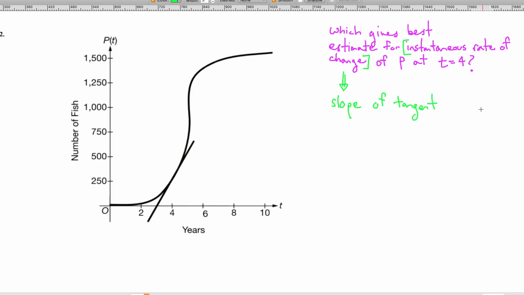And that should make sense because the average rate of change is the slope of the secant line.